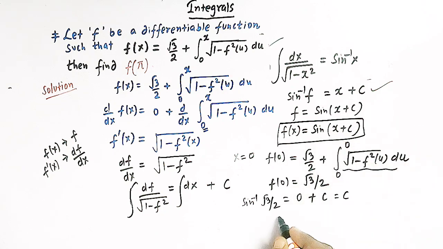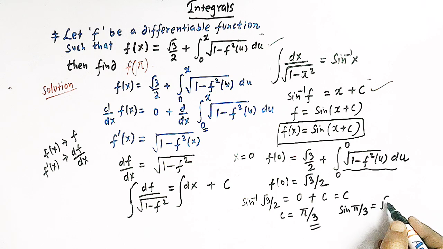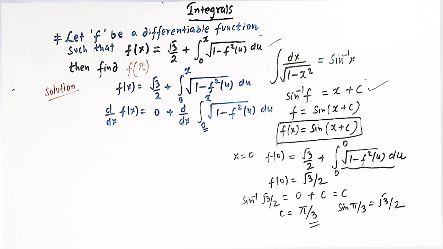So we have c is equal to sine inverse square root of 3 over 2, which is equal to pi over 3, right? So sine 60 degrees, that is sine pi by 3, is equal to square root of 3 over 2. So the value of constant of integration c is equal to pi by 3.